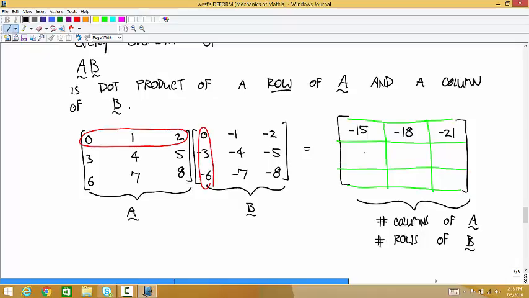Now for the second row, which row of matrix A are we going to use in the dot product? The 2, yep. And if we're trying to do the 2, 1 element, which column of B are we going to use? 1, yep. So 3 times 0, -3 times 4, 5 times -6, -42.